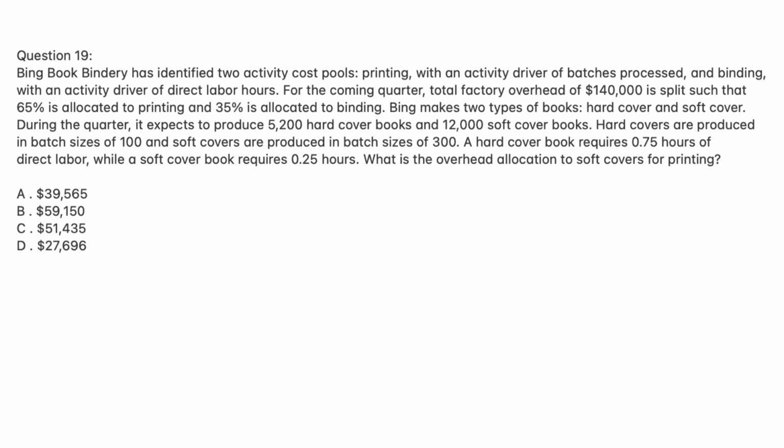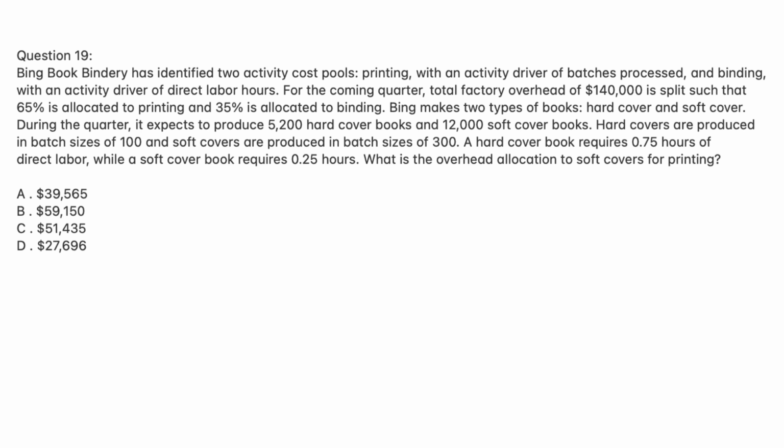Question 19. Bing Book Bindery has identified two activity cost pools, printing, with an activity driver of batches processed, and binding, with an activity driver of direct labor hours. For the coming quarter, total factory overhead of $140,000 is split such that 65% is allocated to printing and 35% is allocated to binding. Bing makes two types of books, hardcover and softcover.